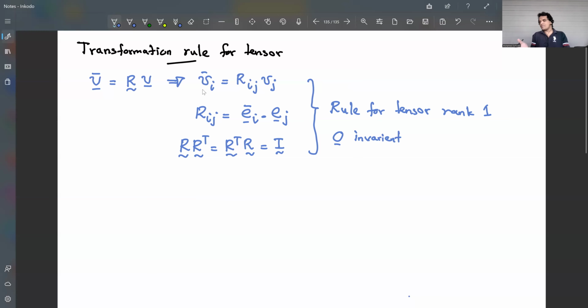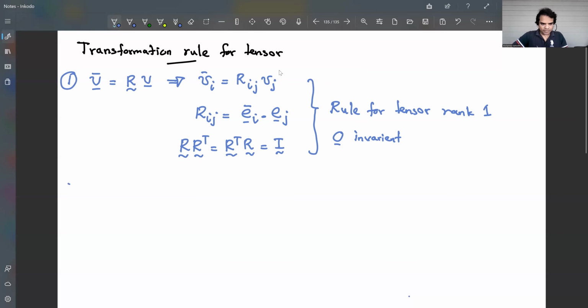If you transform it into a new coordinate system, it will still be zero. The zero vector is a trivial solution in most cases, so we don't care about it. All the other vectors follow this transformation rule. If any vector follows it, we define it as a tensor of rank 1. So this is the rule for a vector.